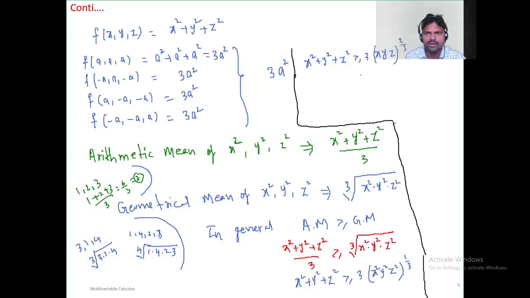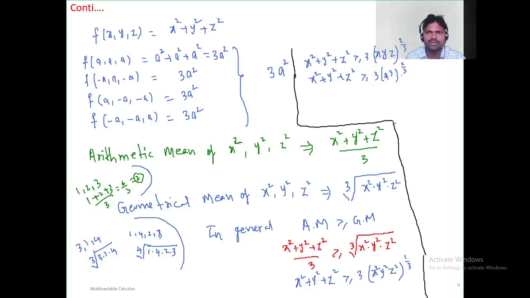Now x square plus y square plus z square is more than or equal to 3 into (x into y into z) to the power 2 by 3. Look at the constraint: x into y into z is a cube. Why a cube? Because x into y into z is equal to a cube, so I am using that constraint.